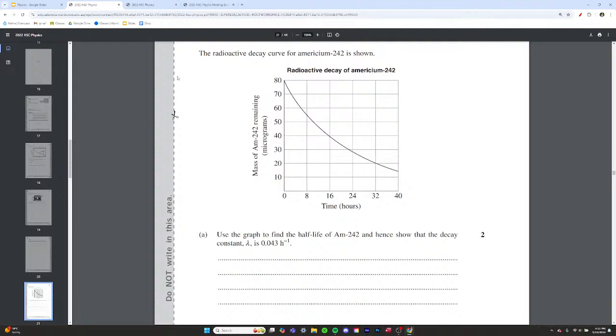Oh, micrograms. Oh wait, no, that still doesn't matter.